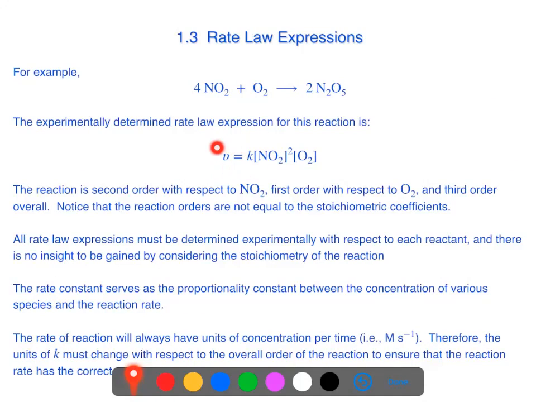The rate of the reaction is equal to the rate constant multiplied by the concentration of nitrogen dioxide squared multiplied by the concentration of oxygen. The reaction is second order with respect to NO2, given by the superscript 2, and first order with respect to O2, given by the not shown superscript 1.